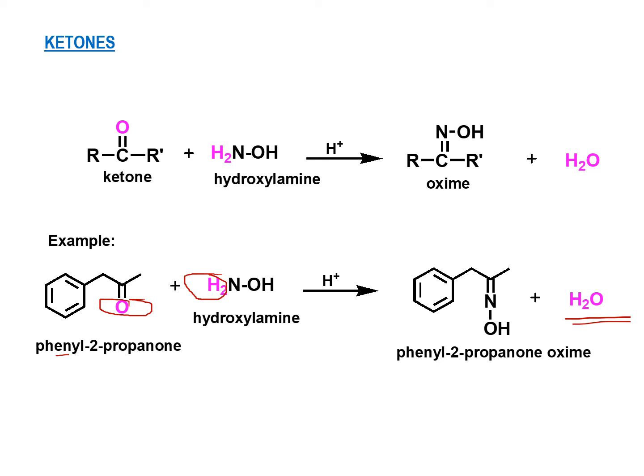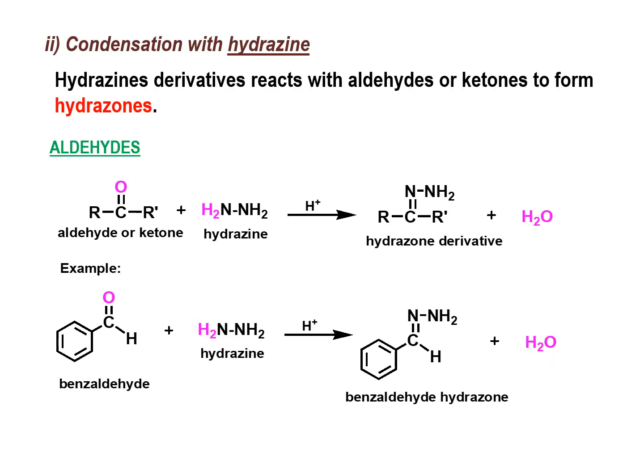So tempat oksigen digantikan dengan nitrogen. Nitrogen ni attach pada OH, so nama dia akan jadi oxime. So nama penuh dia hanya ambil je reagent ni, phenyl 2-propanone tambah je oxime kat belakang. Phenyl 2-propanone oxime.